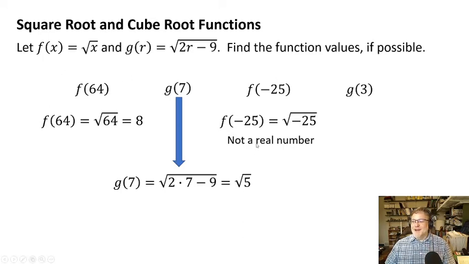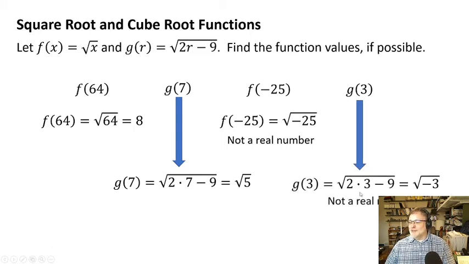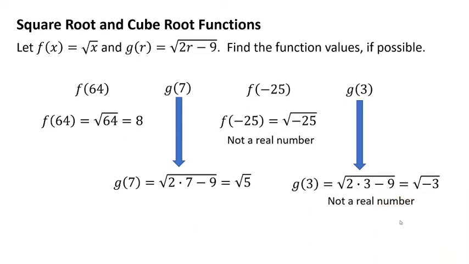Only non-negative numbers are part of this domain. And then lastly, the functional value of 3 in function g would be the square root of 2 times 3 minus 9. That's also the square root of a negative number, so that's again not a real number.